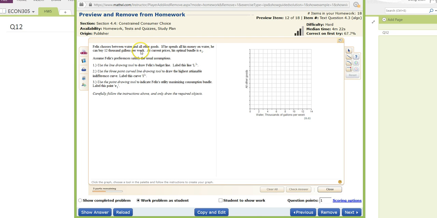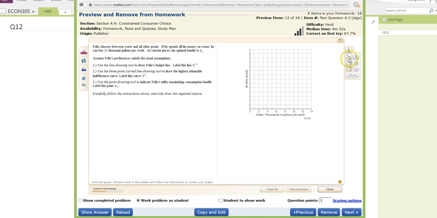The setup says that if he spends all his money on water, he can buy 12,000 gallons per week. That basically tells us that the intersection of the budget line with the horizontal axis is 12,000 gallons.